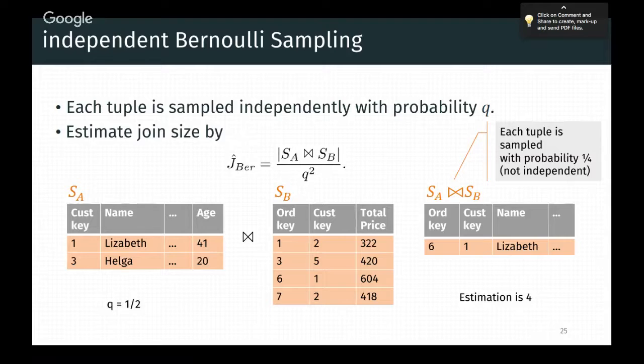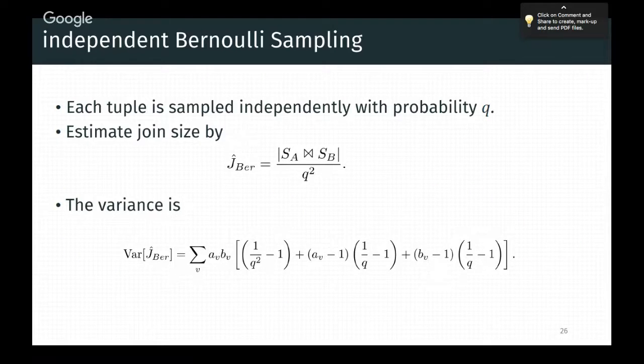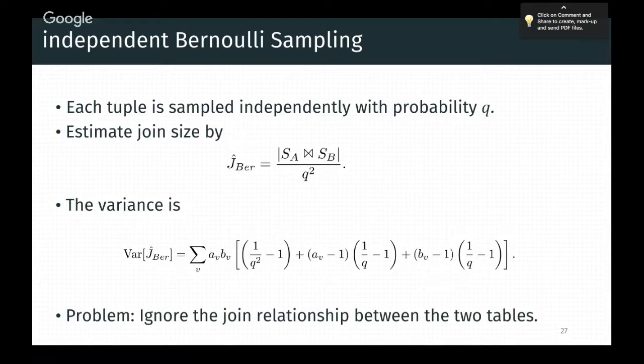But these tuples in SA join SB are not independent, so the variance is a little bit complex. So here is the variance for this estimator. And the problem for this method is that it samples each tuple independently, so it ignores the join relationship between the two relations.